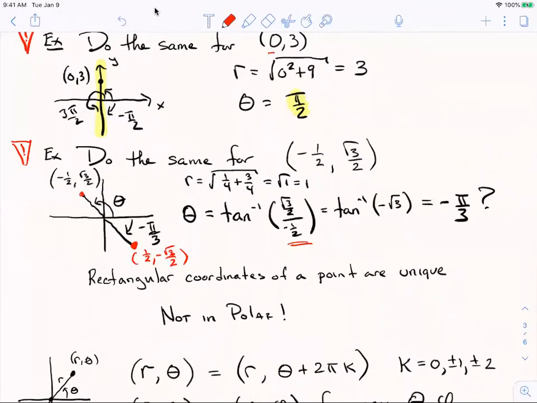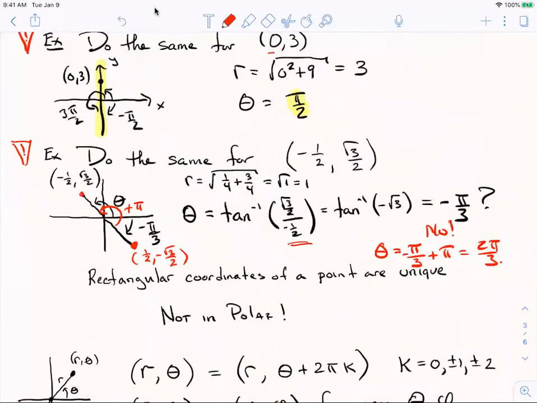So when this happens, you have to, as a human, remember to take your calculator answer and, well, increase it by pi. We're exactly off by a half turn. So the real angle is minus pi over 3 plus pi, or 2 pi over 3.